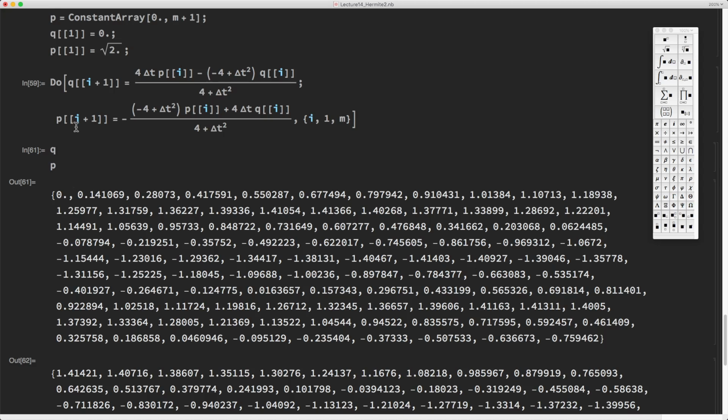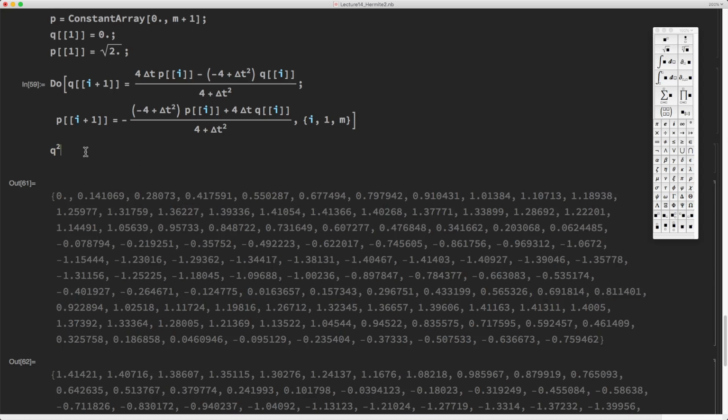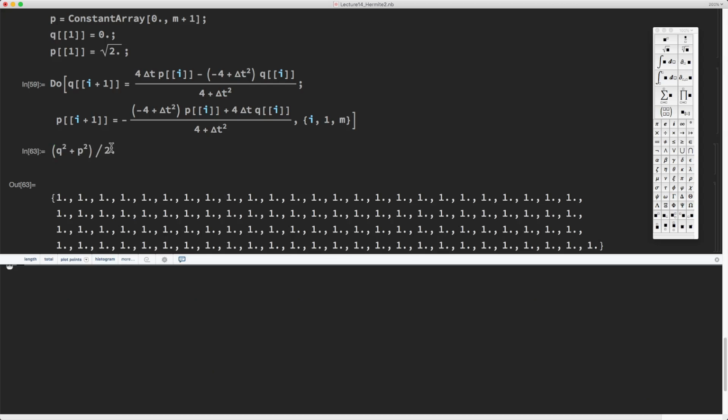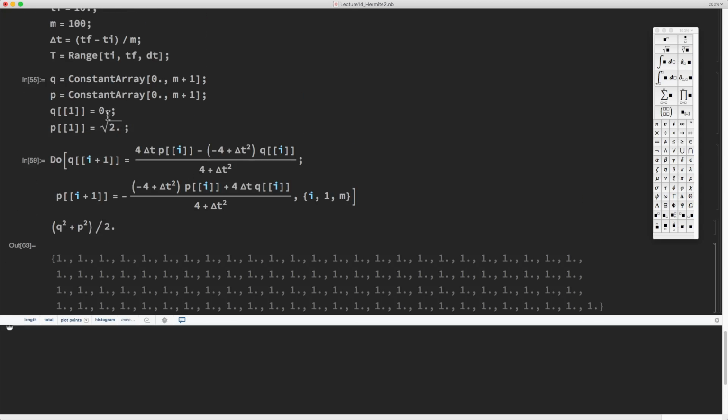So the energy would be q squared plus p squared, and divided by 2. Okay, so this is a very good sign. We see that the energy starts from 1, which is what we had here, and remains very close to 1.